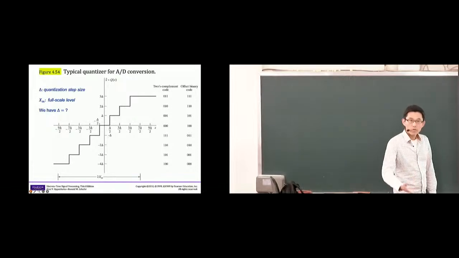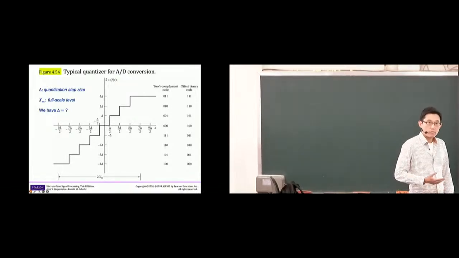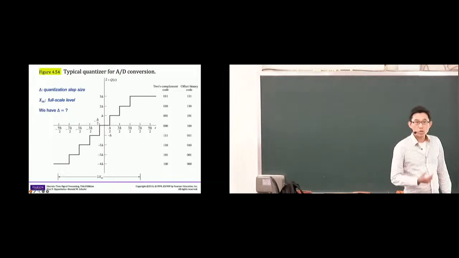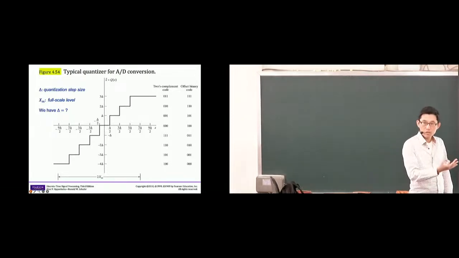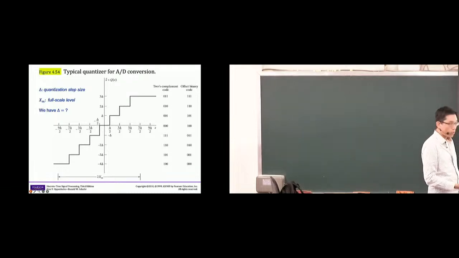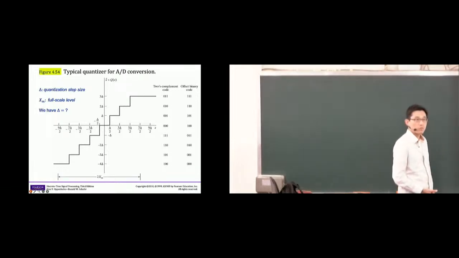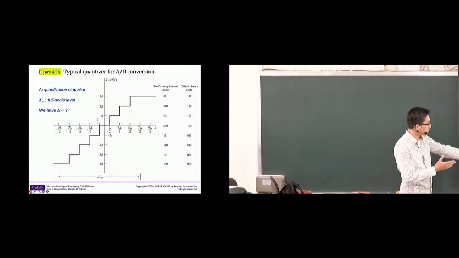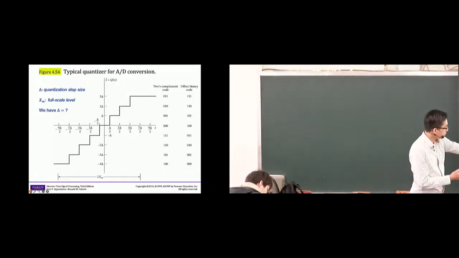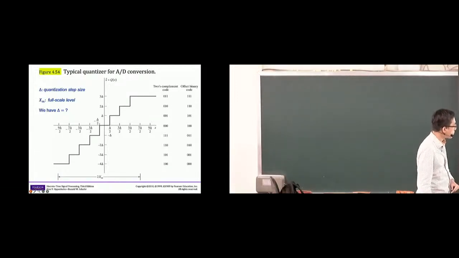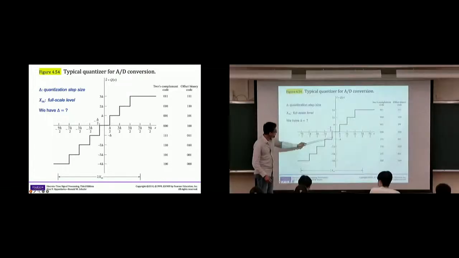And as we all know, if you have 3 bits, then you can only encode 8 different levels. Yeah, 3 bits is equivalent to 8 different levels. 4 bits, 16 different levels. Just to show this more easily, we use an example of having 3 bits to encode every number. So we have 1, 2, 3, 4, 5, 6, 7, 8.